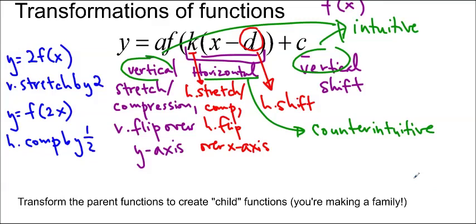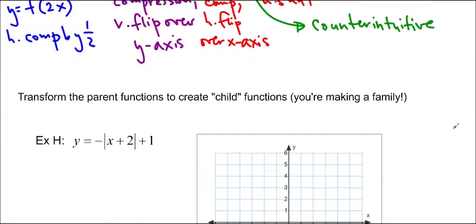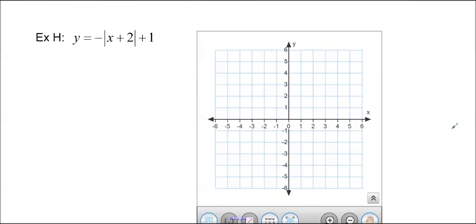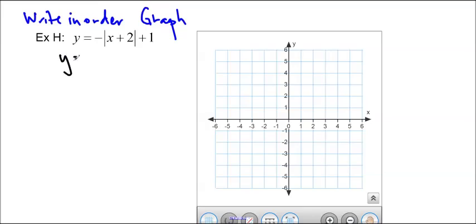So we can transform parent functions to create child functions, to make the family of functions. That's where that comes from. And when you have this type of question, we're probably going to ask you to write the transformations in order and to graph it. When you graph it, I do expect you to show the parent function and some of the transformations as well in order to find the final product, the image function. So this has a parent function of y equals absolute value x, and it's got 3 different transformations going on.